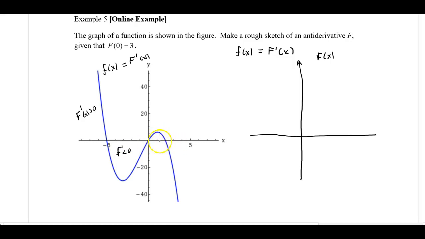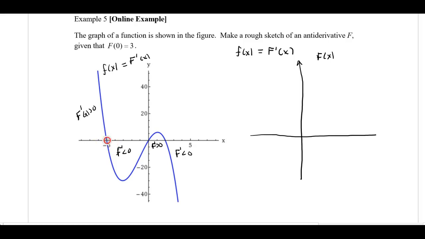From 0 to 2, capital F prime is greater than 0. And then from 2 to infinity, capital F prime is now less than 0.